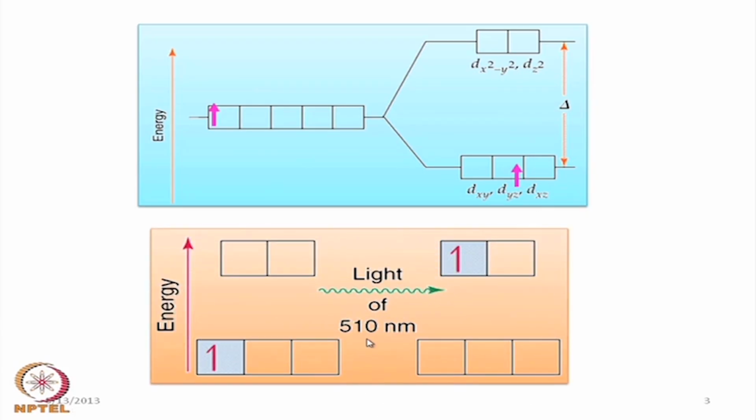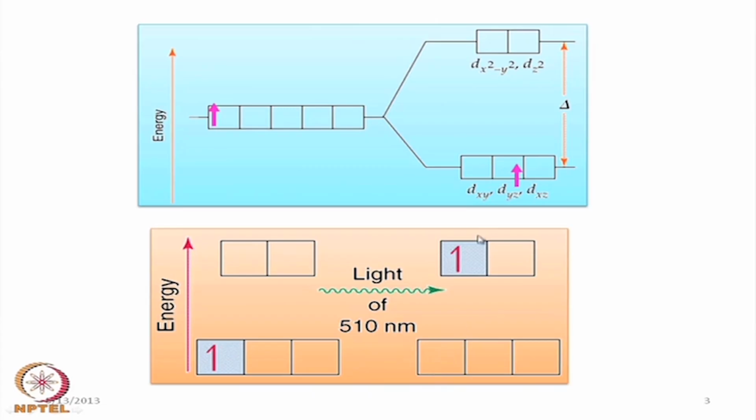So when light of wavelength 510 nanometer is passed through this electron configuration, the electron in the T2G level can be promoted to the EG level, and we have the absorption at 510 nanometer. So 510 nanometer is in the visible region and will be absorbed, and the color of the solution would be its complementary color, due to this transition.